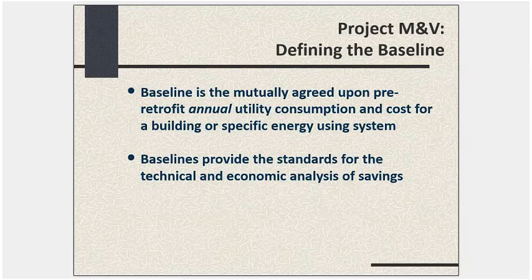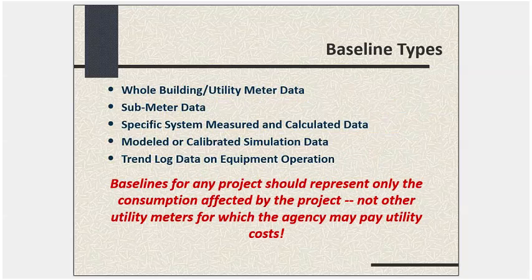Because it's the foundation, technically and economically, for the analysis of savings. If you get the baseline defined correctly, then it's good, and you'll be able to go back to it and use it as a standard of comparison. If you make a mistake in the baseline, then that mistake may propagate into your evaluation of future performance over time, and that can really be a problem. So very important to get the baseline properly defined.